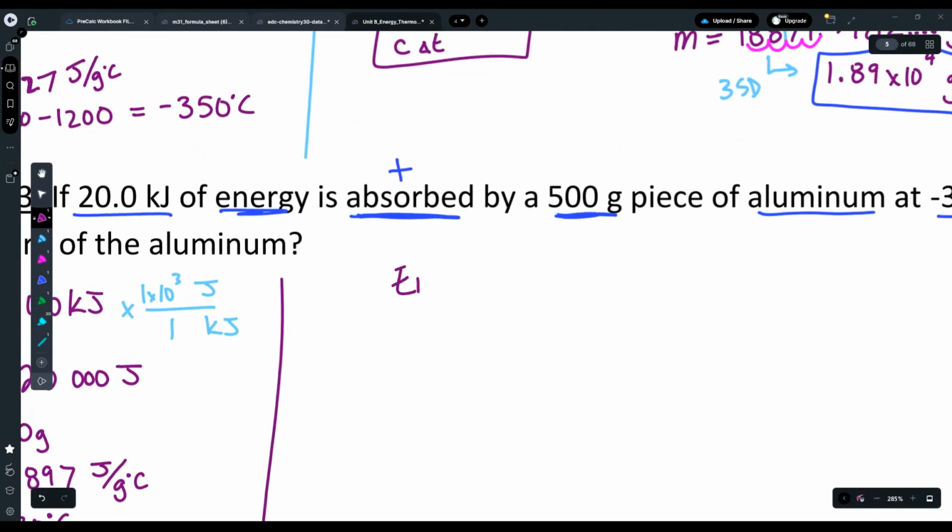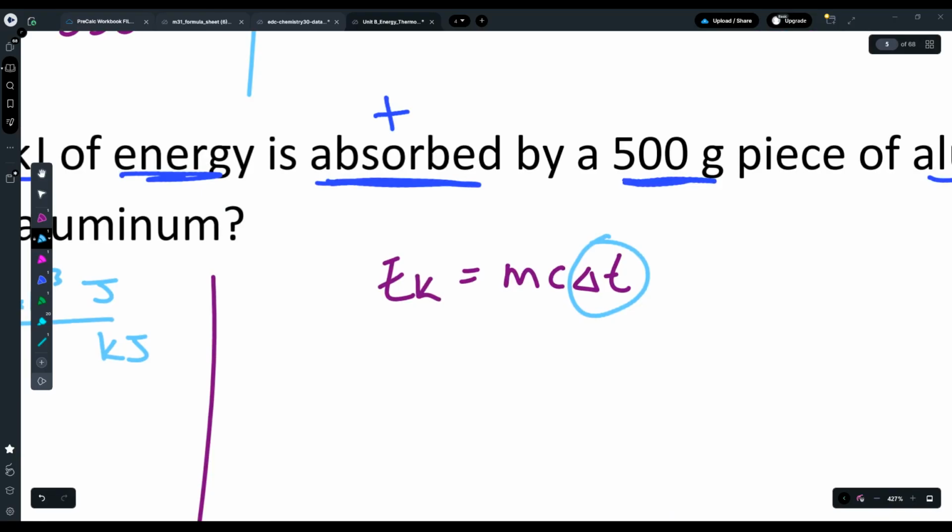Let's write out our formula. So EK is equal to MC delta T. And we're looking for final temperature, which is trapped in here, so I'm going to do this a bit stepwise. Let's just isolate delta T. So I asked myself mathematically, what's mass and specific heat doing to delta T? Well, they are multiplying, so I have to do the opposite, which is dividing.